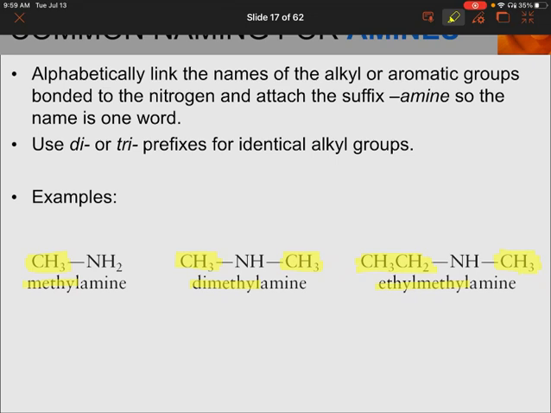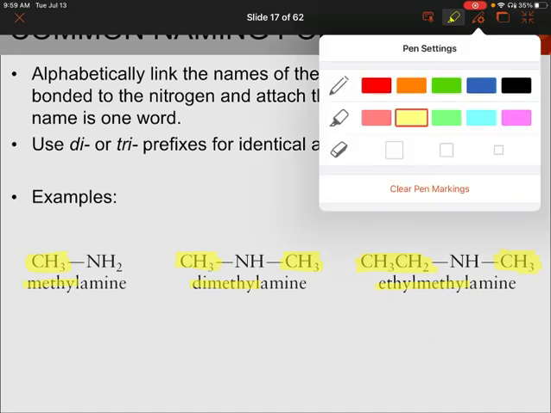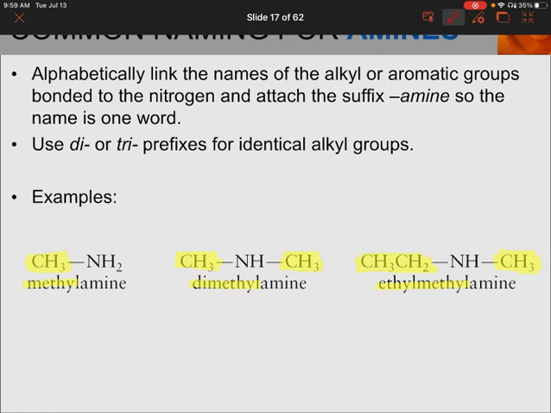The other thing to note is that nitrogen always has three bonds, or three things that it's bonded to. So in our first amine, it has a methyl group and then two hydrogens. In the second example, the nitrogen is bonded to two methyl groups and a hydrogen.